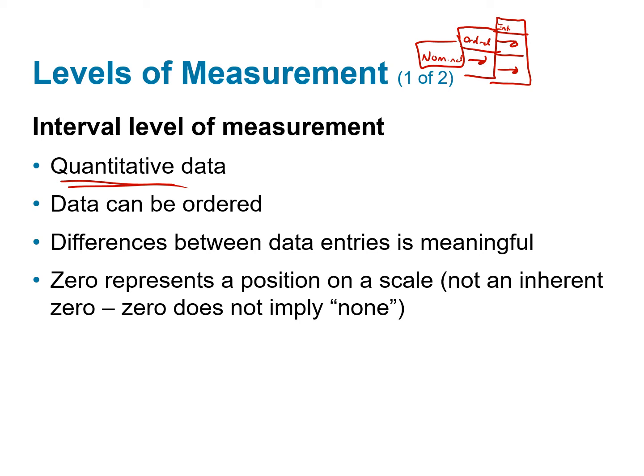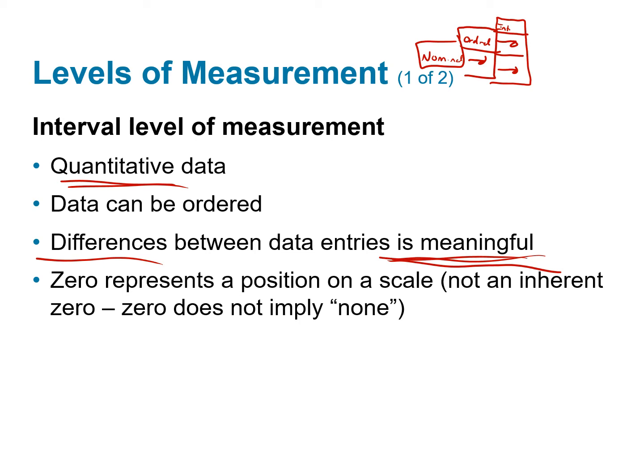The difference between ordinal and interval level, now we have a meaningful difference. So we know the difference between 1 and 2 is the same as the distance between 2 and 3. Or the distance between 4 and 5 is the same as the distance between 10 and 11, for example. So now differences between our entries is meaningful. Now, be careful with that.